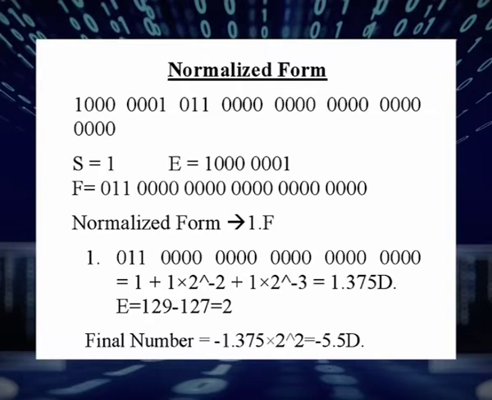In this example, e minus 127 is equal to 129 minus 127 is equal to 2. Hence, the number represented is minus 1.375 into 2 raised to power 2, which is equal to minus 5.5.